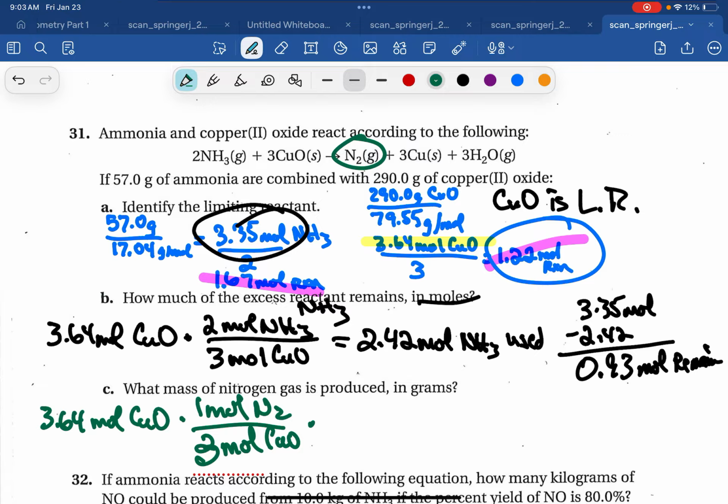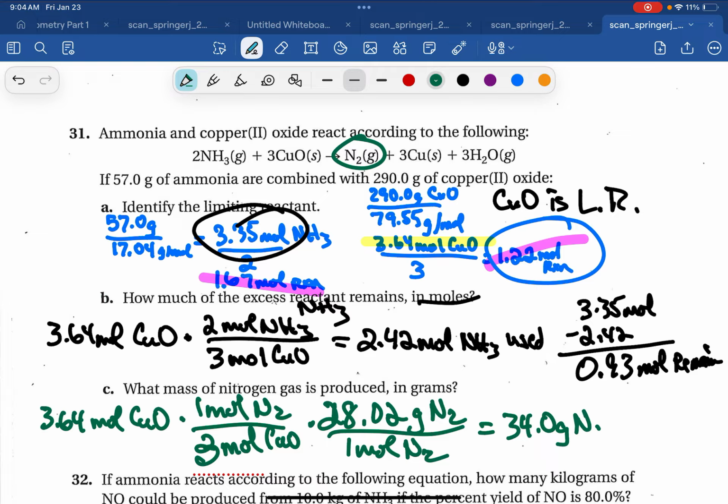And then I need the molar mass of 28 because it's N2, 28.02 grams N2 per 1 mole N2. And I believe that I will get 34 grams N2. Double check me on that with your calculators if you want. I like 34 grams there.